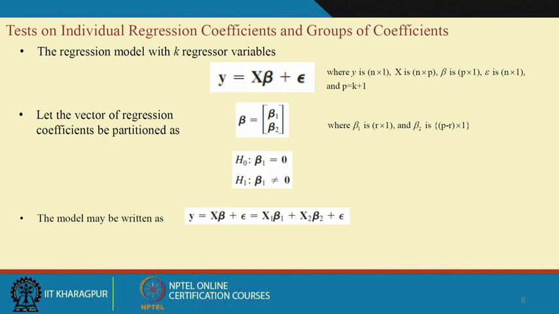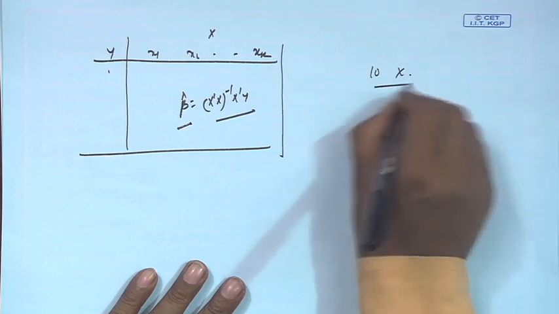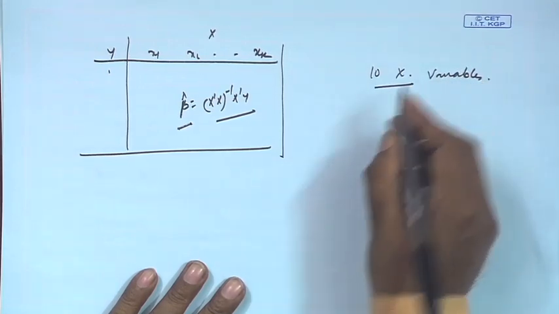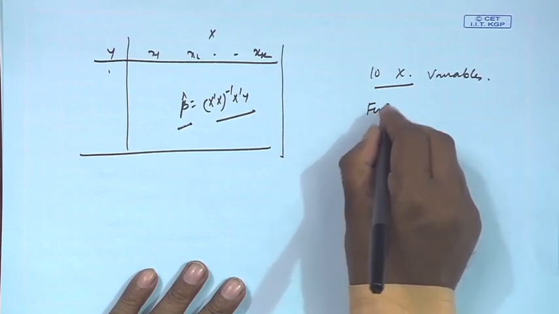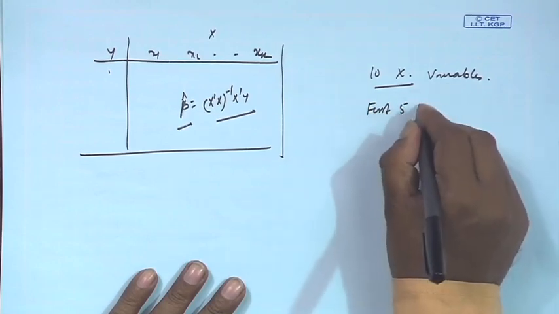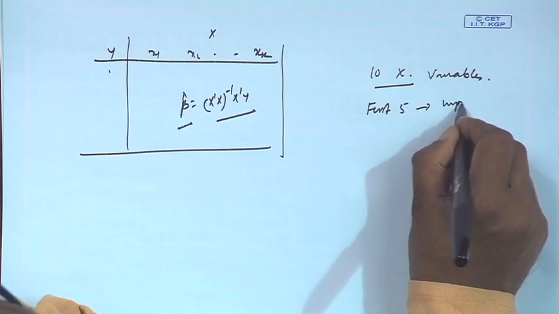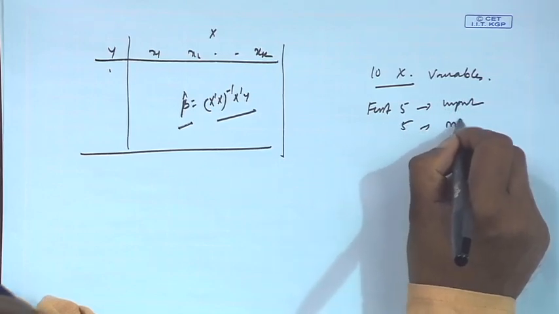But many a times what happens, suppose you have a large number of variables, and you do not want to test an individual parameter, you want to test a subset of variables. Suppose I have 10 x variables. Maybe I want to test that the first 5, I have arranged them based on certain knowledge, that the first 5 are important and the last 5 are not important.